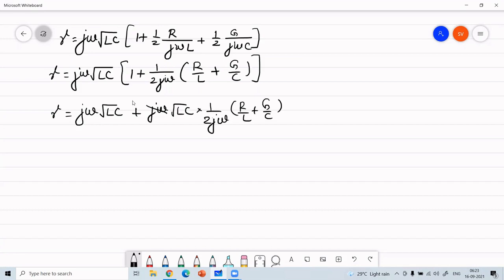j omega gets cancelled. So gamma is equal to j omega into root LC plus 1 by 2 is there. Let us multiply that root LC inside the bracket.